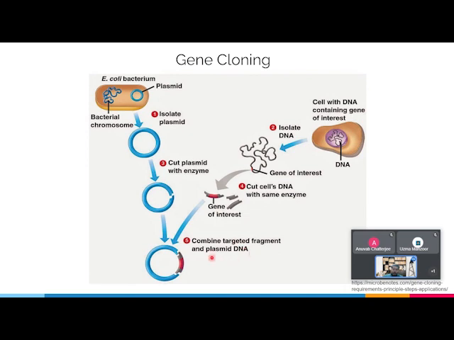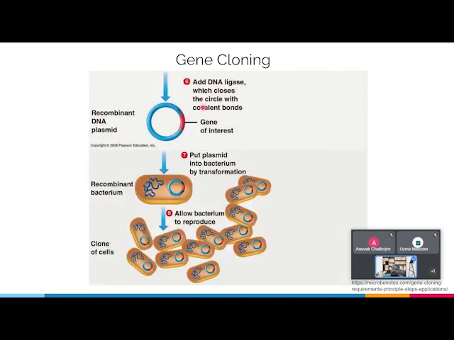So exactly like we just saw in one of the previous questions. After combining, you will have compatible sticky ends base pairing together, and then you add DNA ligase and ligate the recombinant DNA plasmid. So you will have a circular plasmid having your gene of interest.